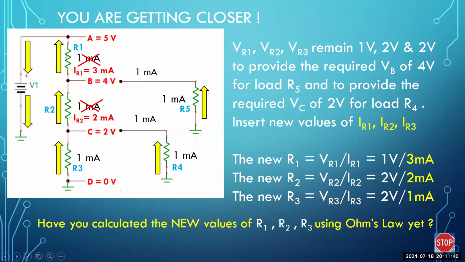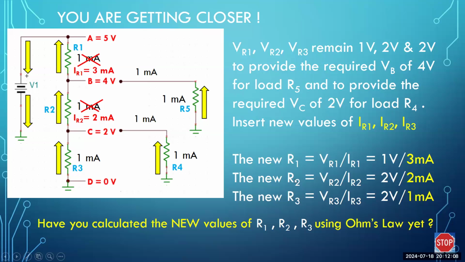That being said, we can calculate the new ohms with Ohm's law. And with Ohm's law, the new value of R1 is just the voltage across R1 and the new current through R1. So the voltage across R1 is the original 1 volt, but the new current, according to nodal analysis, has to be 3 milliamps.